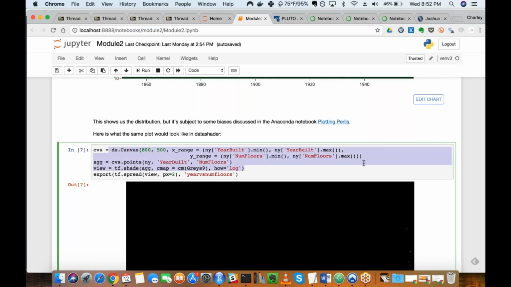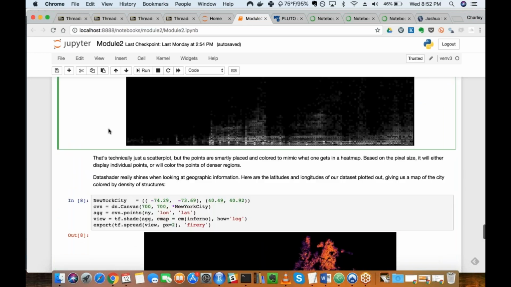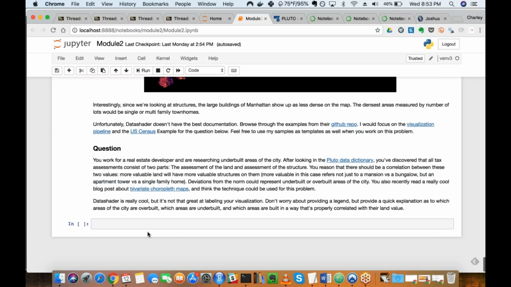You have your definition of the canvas, you have the points that you're aggregating. Here we're looking at year built versus number of floors. Then you have your shade step and then export. I included as much background of Datashader as I could, but it's still a relatively new package. The actual documentation that Anaconda has, I found wasn't the best, though there are a lot of examples.